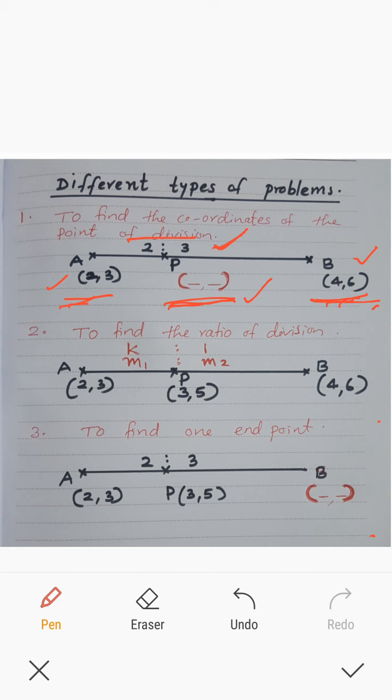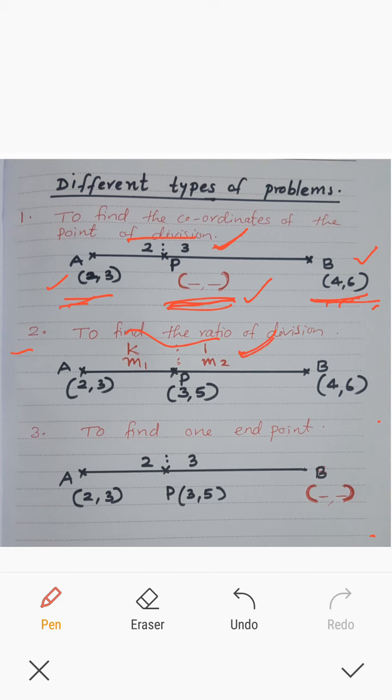In the first type, we are asked to find the coordinates of the point of division P, which we already discussed in the last class. In the second one, we have to find the ratio of division m1:m2. In some cases, instead of taking m1:m2, we take it as k:1.